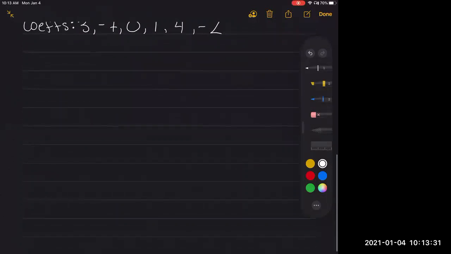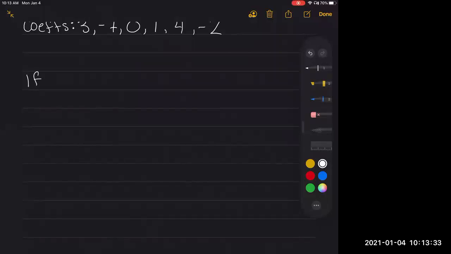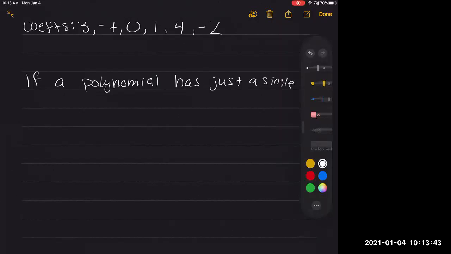And then if we move on from here, if a polynomial has just a single term, we call this a monomial.